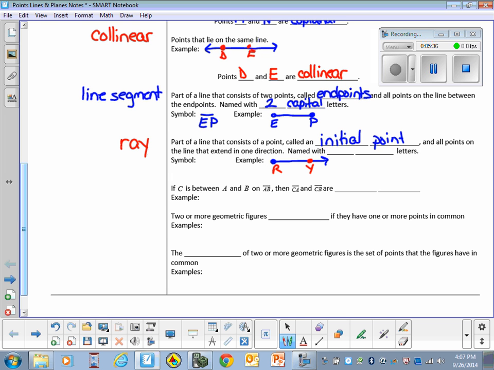We're going to name it with two capital letters. R-Y, we're going to put a baby ray on top. The initial point always has to come first in the name. So your ray should always, when you name it, start with whatever point the ray starts with.